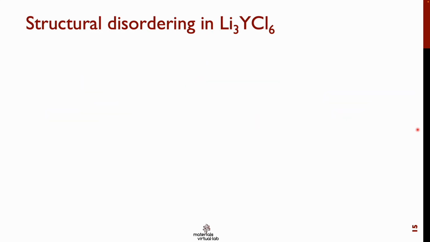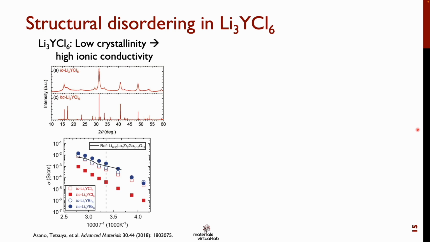So then we also have another study on the structural disorderings in lithium yttrium chloride. The reason why we want to study this is that in experiment we see a very interesting result: by ball milling the sample, experimental results show that it obtains low crystallinity in the ball mill sample.